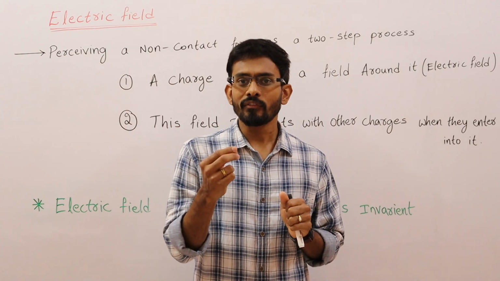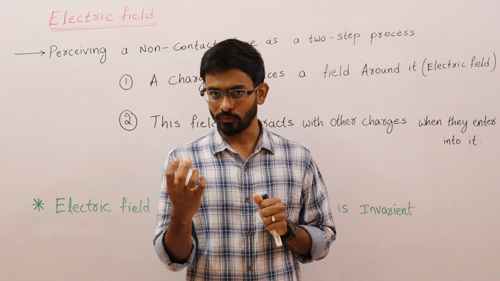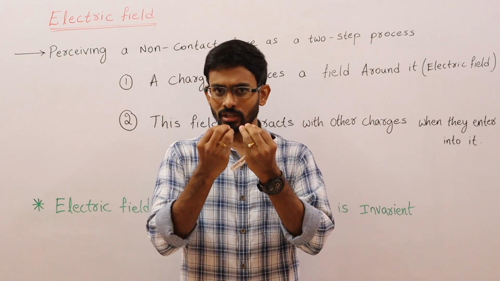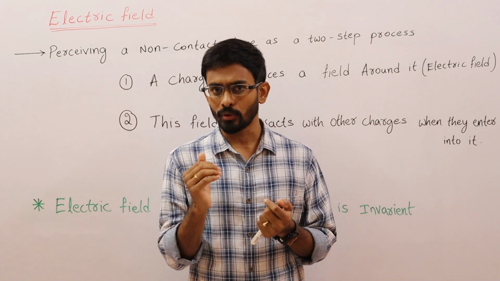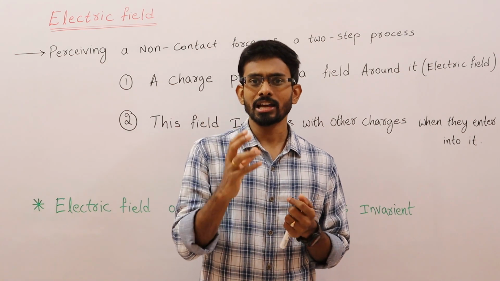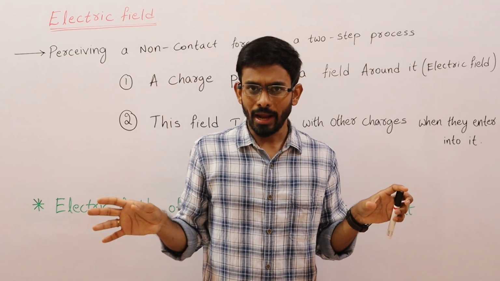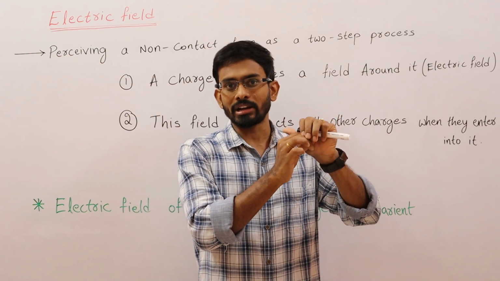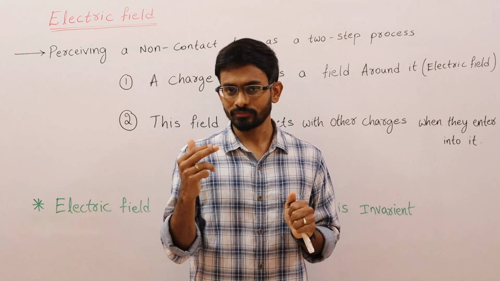So this is how we perceive a non-contact force. Instead of directly saying two charges interact with each other, we are dividing it into a two-step process. That is, first a charge produces a field in the space, and when some other charges enter this particular field, this field will interact with the charge.